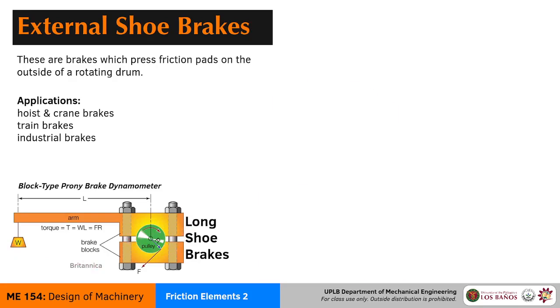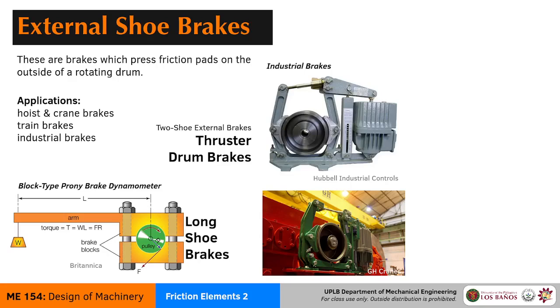So more examples. This configuration, I found that the industry likes to call these thruster drum brakes. Basically, they are still external shoe brakes. You have brakes on the outside pressing on the sides of a drum, and you have this very complex linkage.